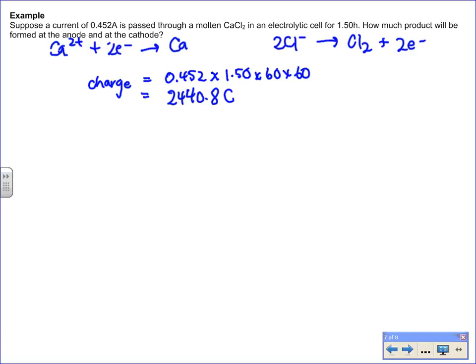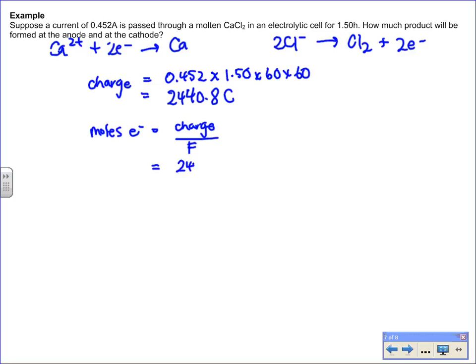So once we know the charge, we can determine the number of moles of electrons because we know that 9.65 times 10 to the 4 is the amount of coulombs per mole. Okay, so the moles of electrons can be determined by taking the charge and dividing it by Faraday's constant.